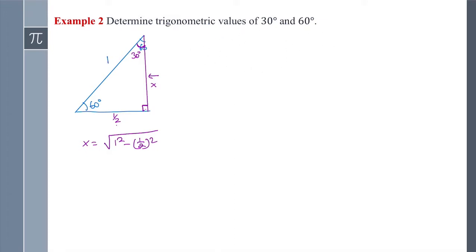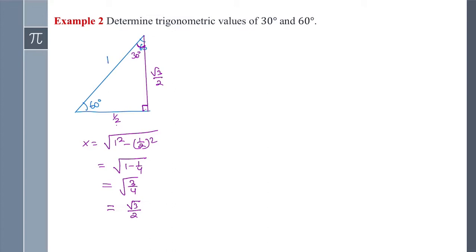Now if I simplify this, this is 1 minus 1/4, or it is the square root of 3 over 4, and then the square root of 3 over the square root of 4, which is 2. That means this unknown side, this perpendicular that we drew, has length square root of 3 over 2.